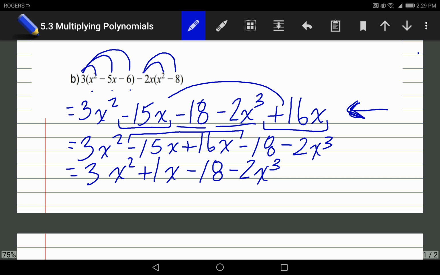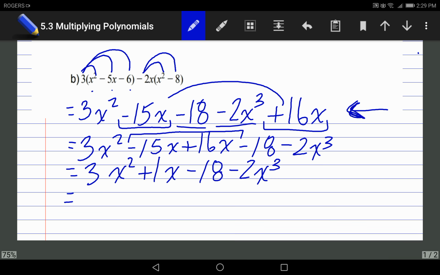And just to finish this off, I'm not going to be picky about this, so if you want to disregard this step, that's fine with me. But it's proper math, proper rules, just like there's proper grammar rules in different languages, that you don't leave it in this order. You actually leave it in the order of what's called the highest degree. This is your highest degree. So I'm just going to move that over.